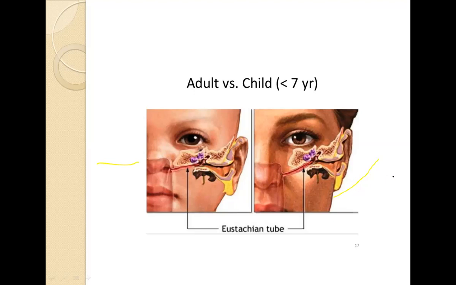If the auditory tube is slanting, the infection can't go upwards, right? But in the child it is horizontal, which means the infection from the pharynx can easily move to the middle ear cavity and cause infections in it.